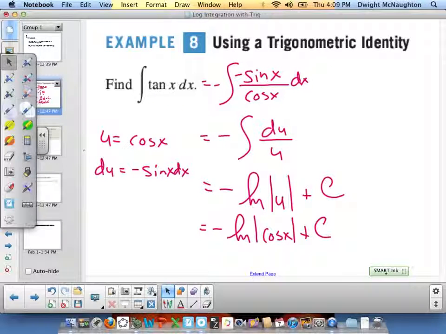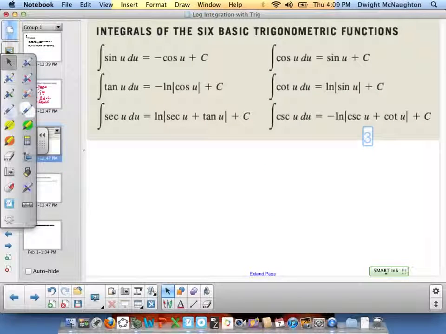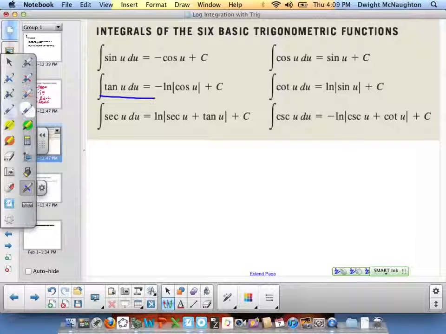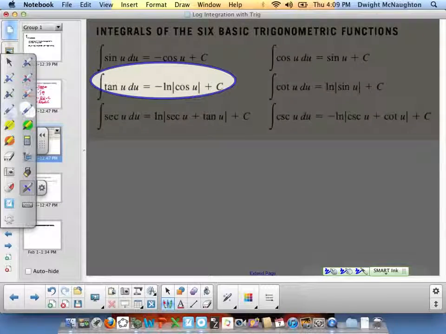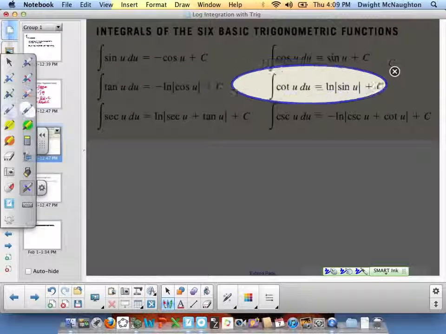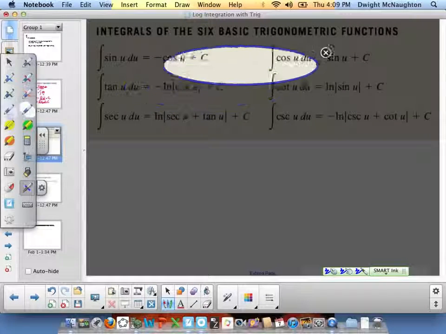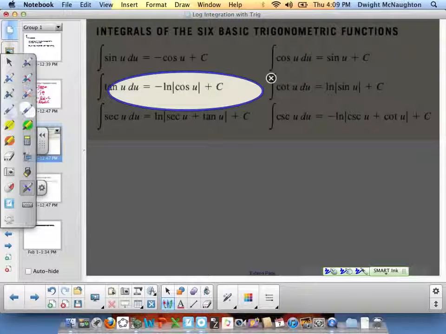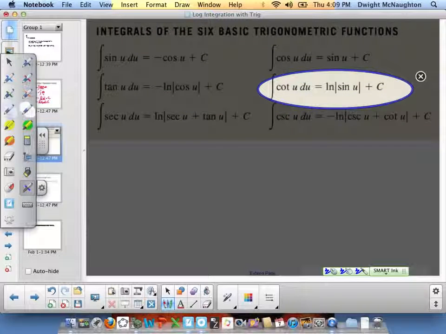All right? Cotangent, very similar. Here's the trick: the antiderivative of tangent is negative natural log of cosine of x. Cotangent, very similar. Cosine changes to sine. Negative changes to positive.